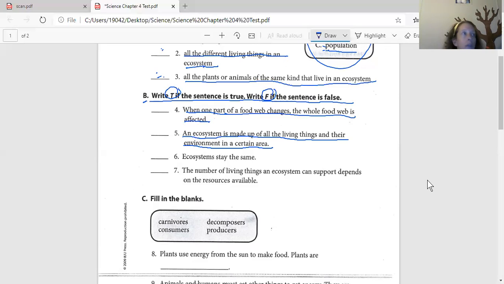Yeah. Everybody finished? Okay. Only one word, please. Number 6. Ecosystems stay the same. True or false? T or F? Say that again, Joy. Ecosystems stay the same. True or false? I am finished with number 6. Yes or no? Yes. Rylan, just say yes when you are finished.